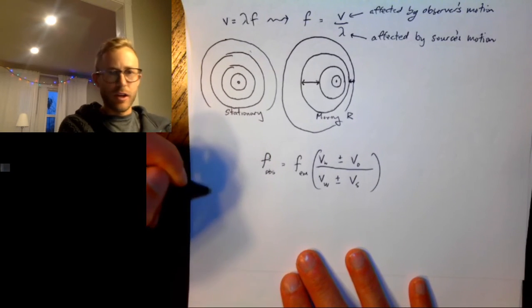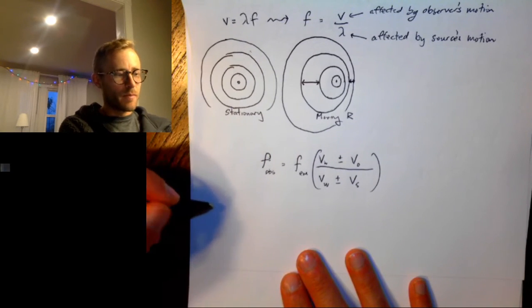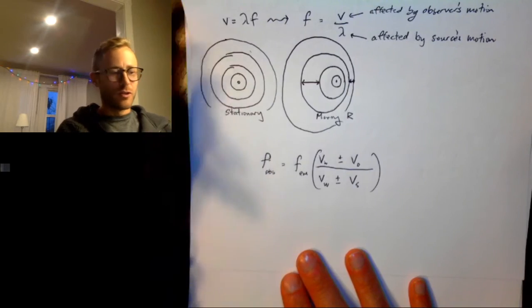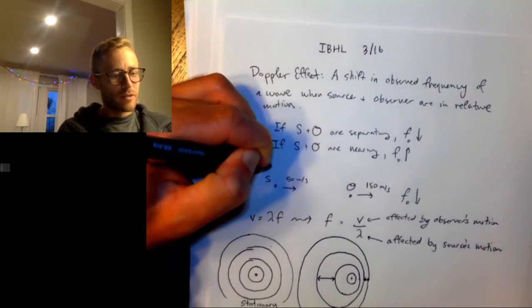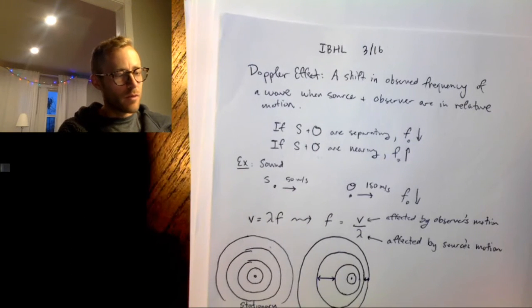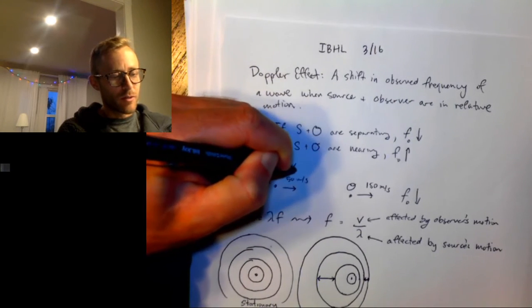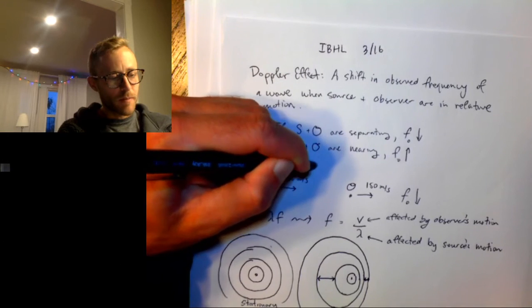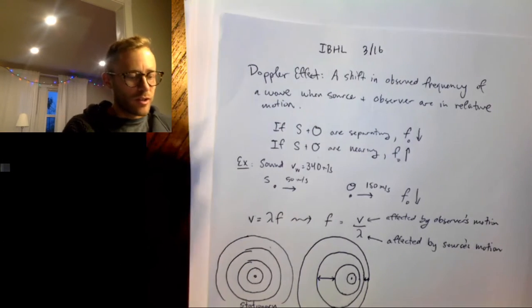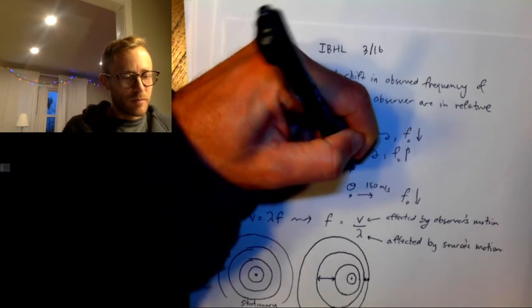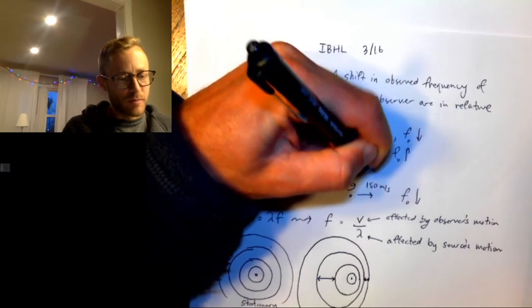So carrying down the numbers from that example, let's assume that this is with sound waves. Sound waves have the velocity of the wave as 340 meters per second. Okay? And by the way, let's say that the emitted frequency is 1,000 hertz.